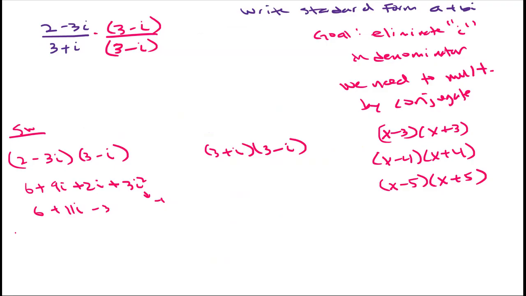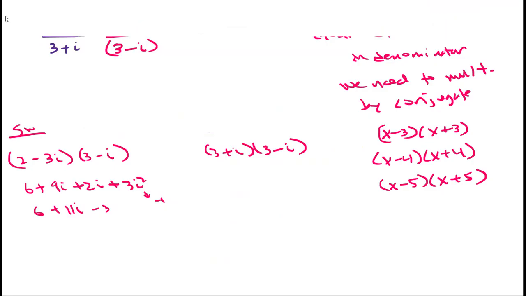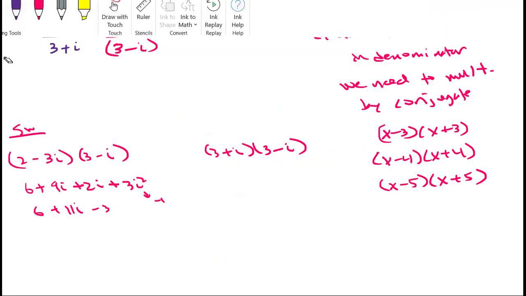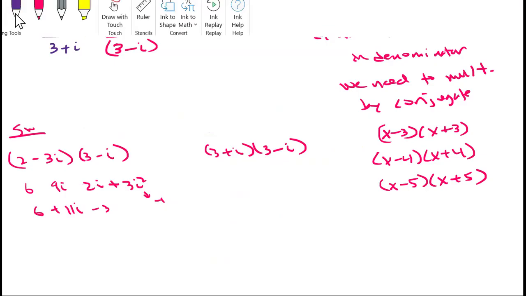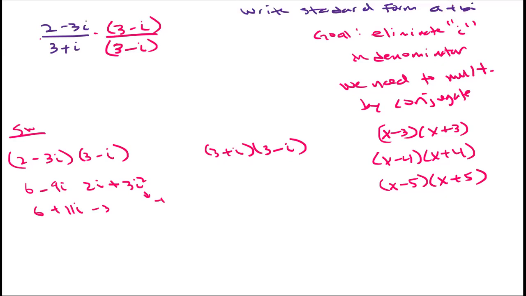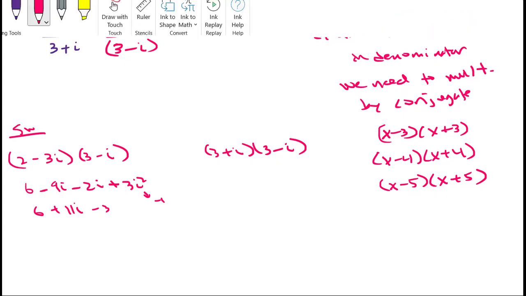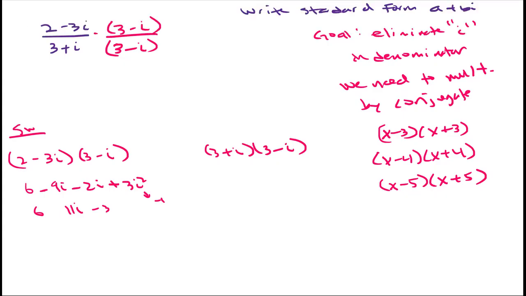Sorry about this, I was looking at something else. This should be negatives here. I apologize, this is to be negative and negative. So that's a minus 9i and a minus 2i. And that gives us a negative there.